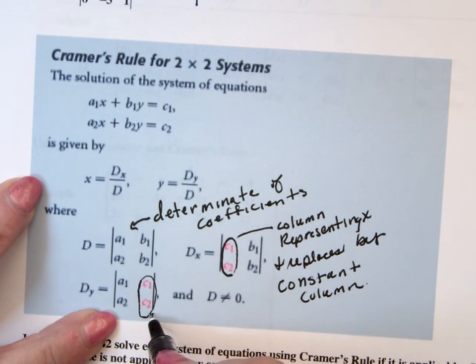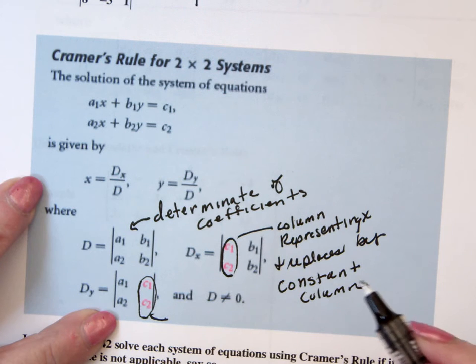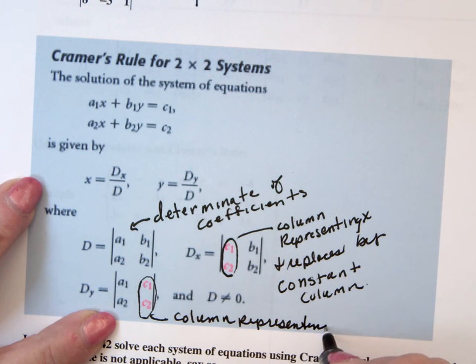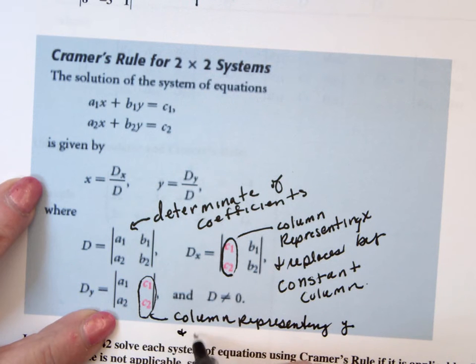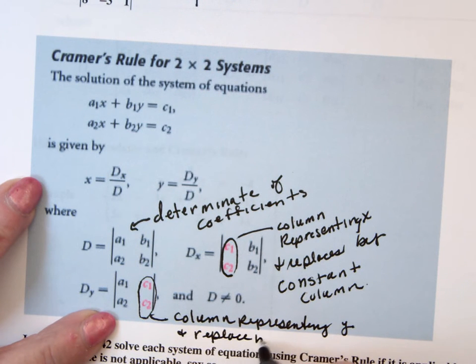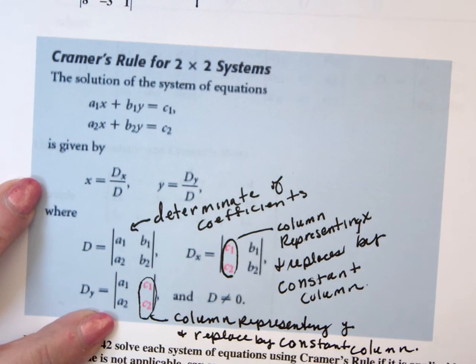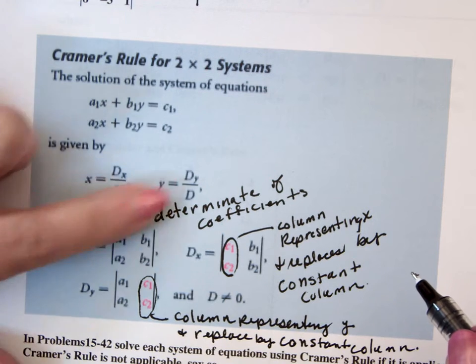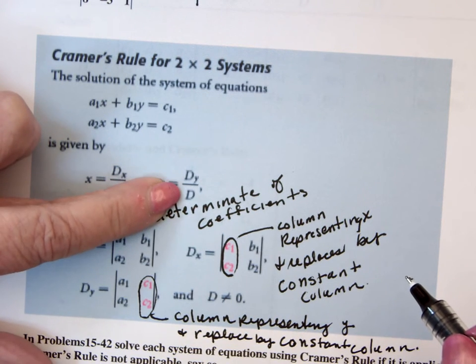You're going to take the column representing y and replace it by the constant column. And what that says is that x would be D sub x divided by D, and y would be D sub y divided by D.